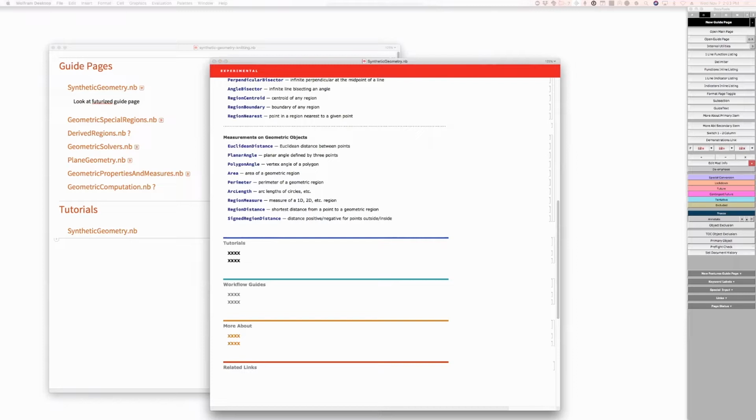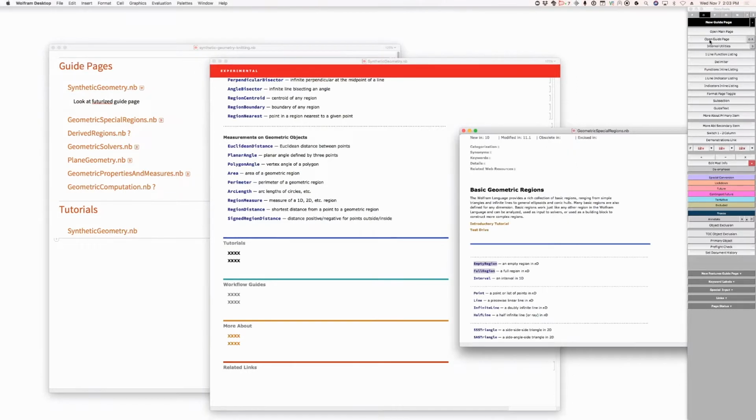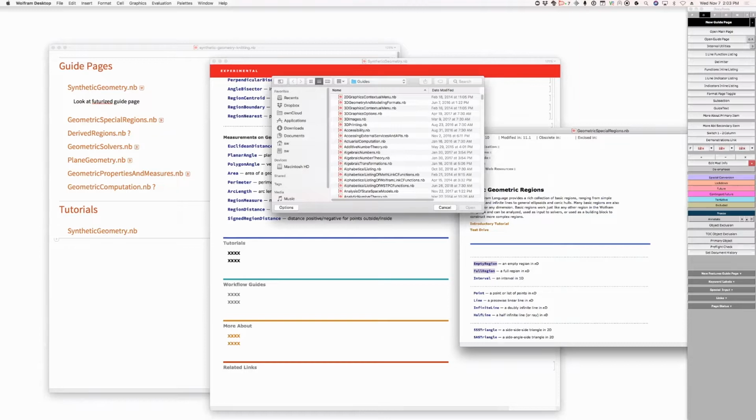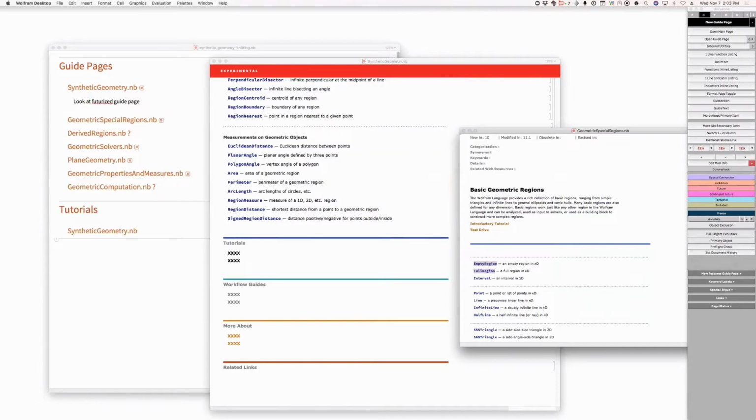By the way, whoever's PMing here, that's basic geometric regions. It would be really useful if you'd be able to give me links which would actually open these things. I'll do that in the future.